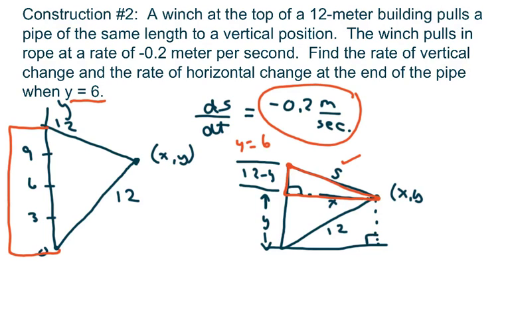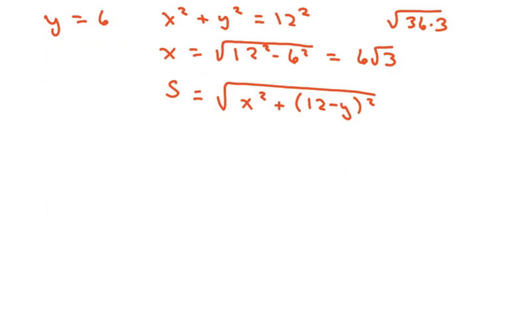So we did the bigger one first, where y is 6, and now we're doing the smaller triangle.